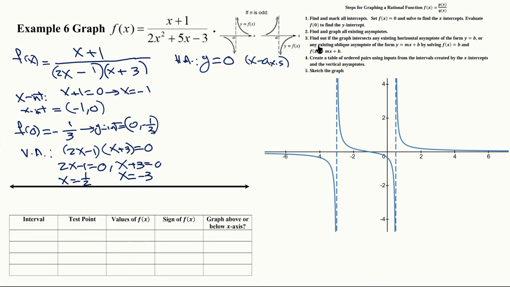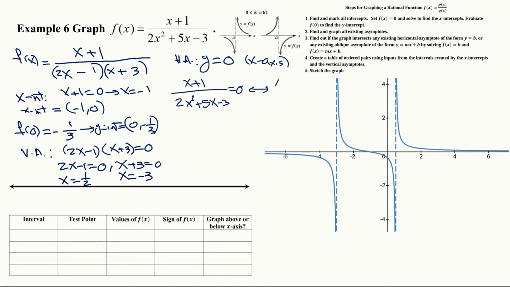Okay, so next we're going to see if the graph crosses its horizontal asymptote. And we've actually already answered that, because basically what we're going to have to do is set the function equal to the y value of the horizontal asymptote, right? And we've already solved that. Remember, x plus 1 over 2x squared plus 5x minus 3 equals 0 if and only if what?